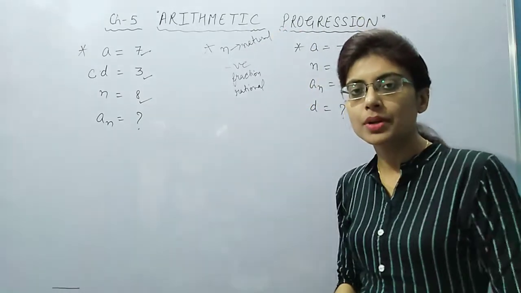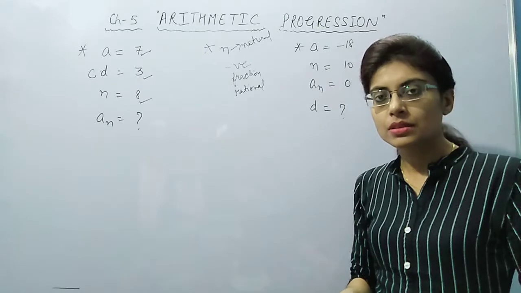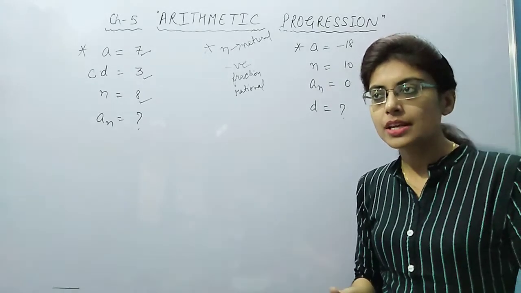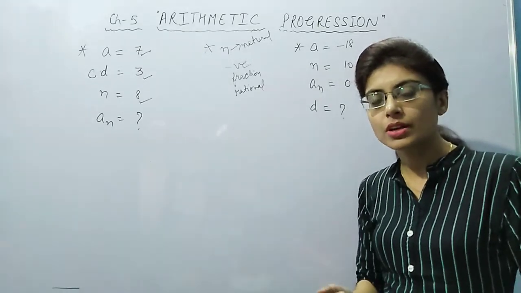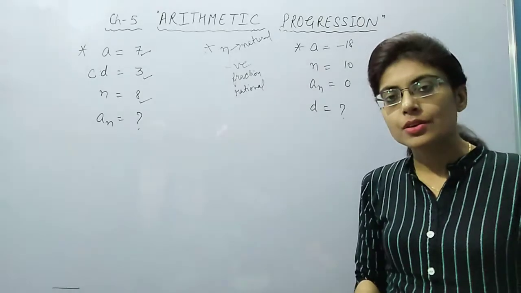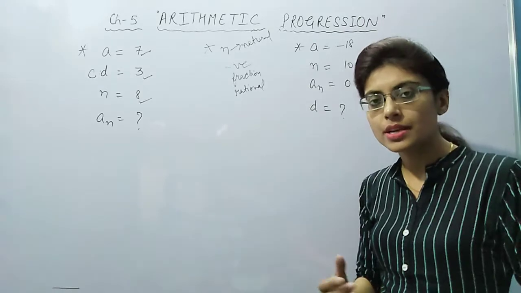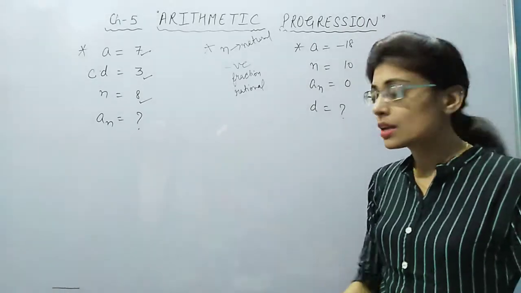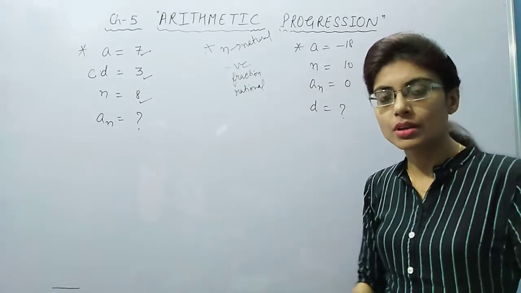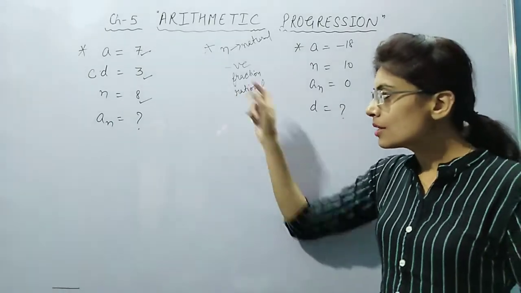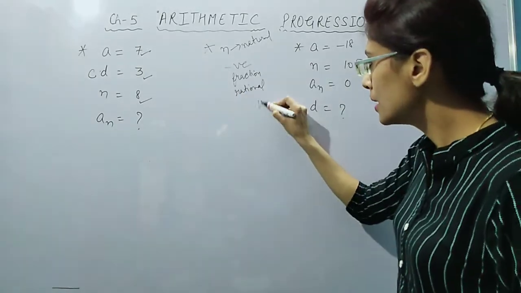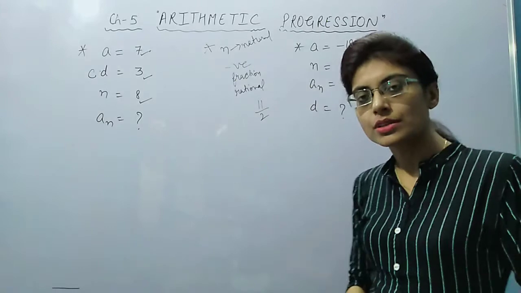Let us take one example. Suppose in your class somebody is coming from outside and is asking how many students are there in your class. Then obviously you will answer 38, 39, 40, 41, etc. But we will never say minus 40. Not possible. Similarly, we will never say there are 11 over 2 students in the class.